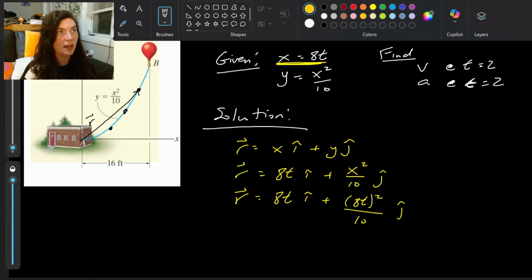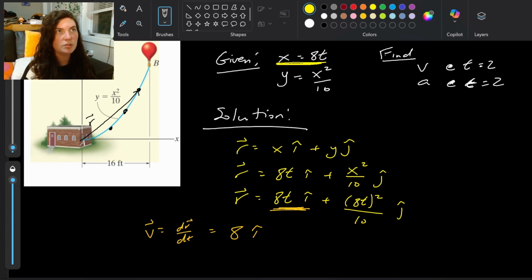So velocity is dr/dt, and we're going to take the derivative of that position vector with respect to time. The derivative of my x component, the derivative of 8t, is just going to give me 8 for my i hat position.